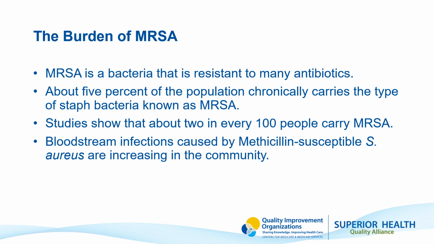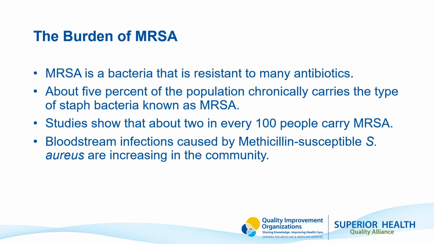According to the Centers for Disease Control and Prevention, around 5% of the population chronically carries the type of staph bacteria known as MRSA. Studies show that about 2 in every 100 people carry MRSA. Although many people carry the bacteria in their nose, it can also be found in other places.